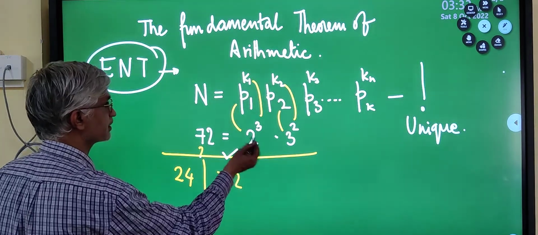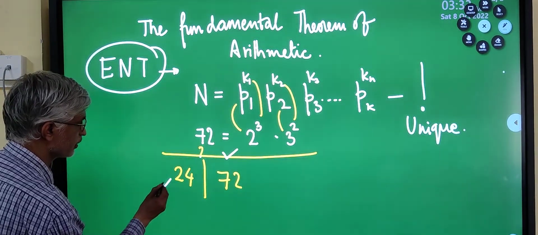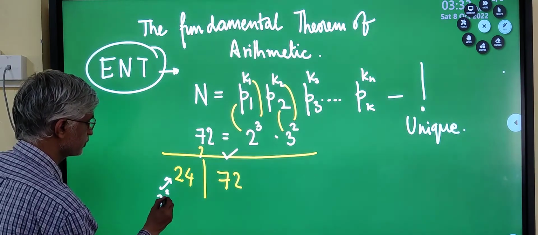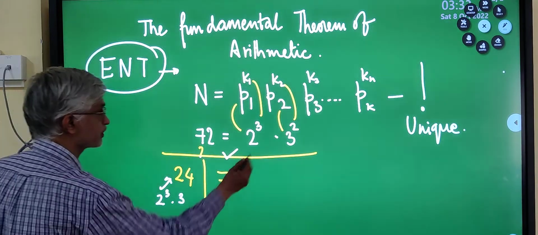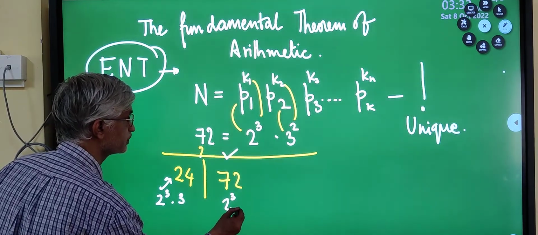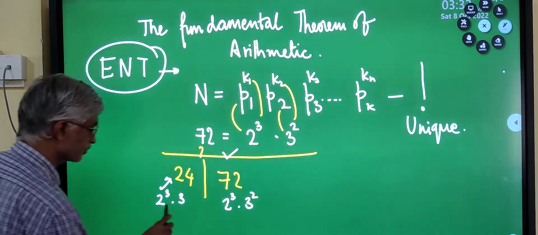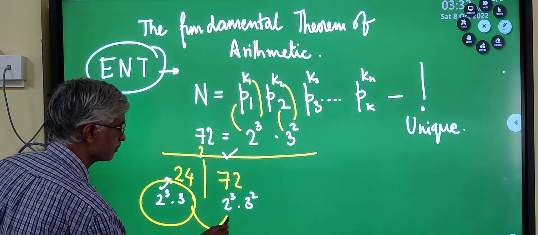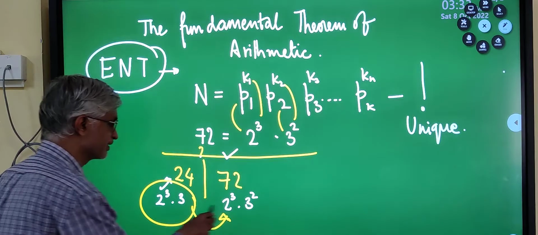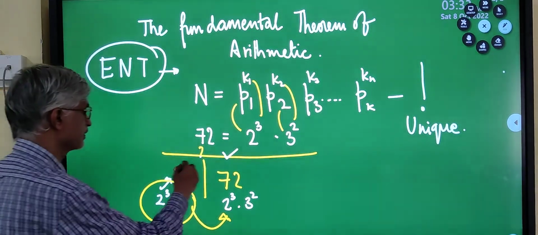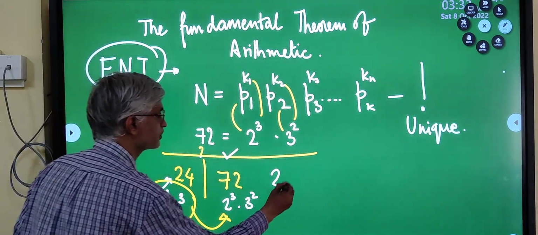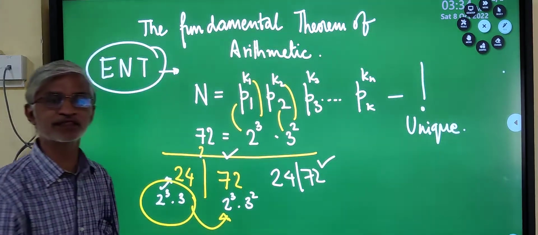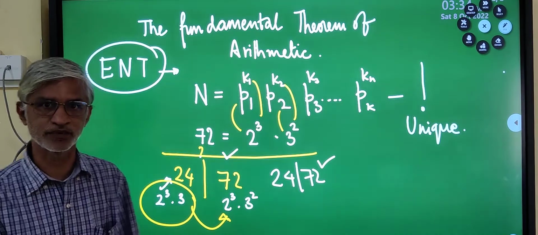But the way to think about it in terms of prime factorization is, what is the prime factorization of 24? So it's 8 into 3, so 2 cube into 3. And this one we already know is 2 cube into 3 square. Now, you can see here that all the primes in 24 should appear in 72, and they do appear, and therefore 24 divides 72. So like I said, it is giving us a very crude test to test divisibility.